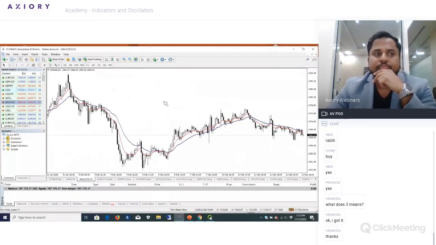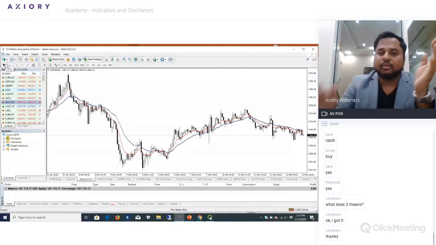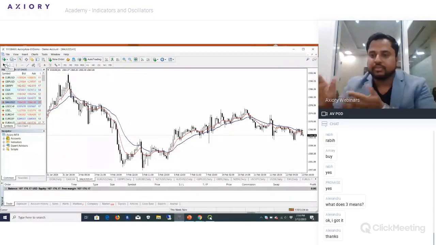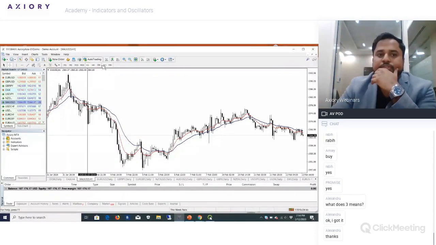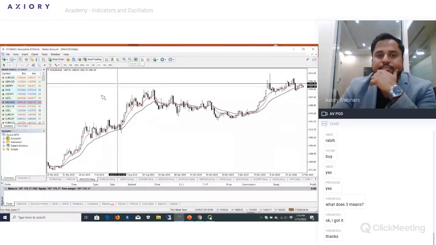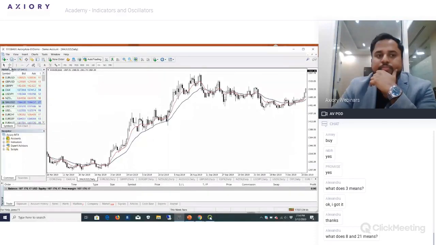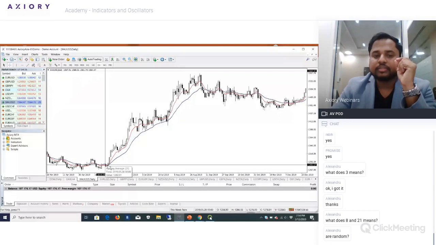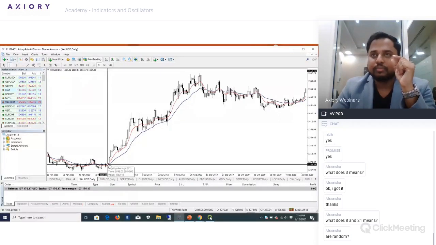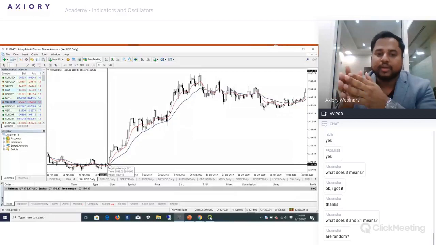You see here, it will help you understand the bigger picture. If you see here, the gold rally. The idea is when the small moving average crosses a bigger moving average, we go for buy.